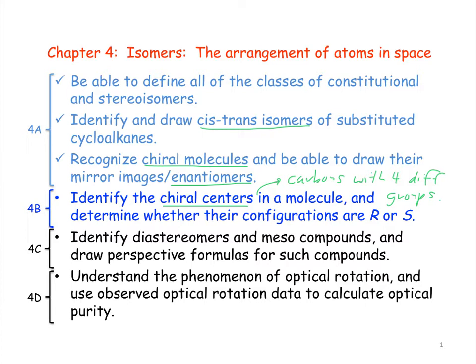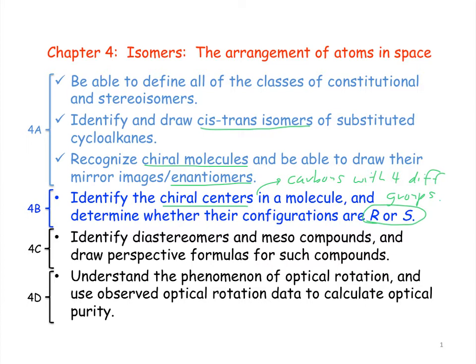Alright, so what we're going to do today is we're going to go on and learn a naming system so we can differentiate between the two different enantiomers. And this system involves labeling different chiral centers as either R or S.